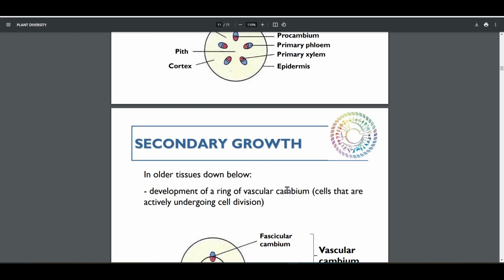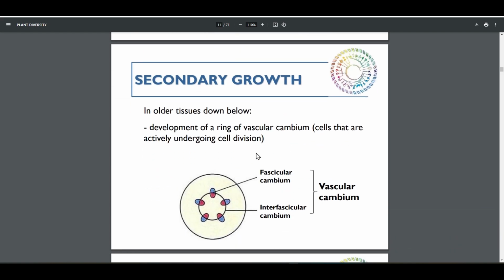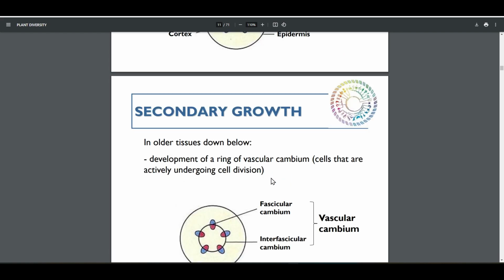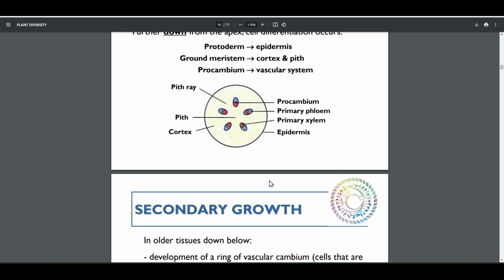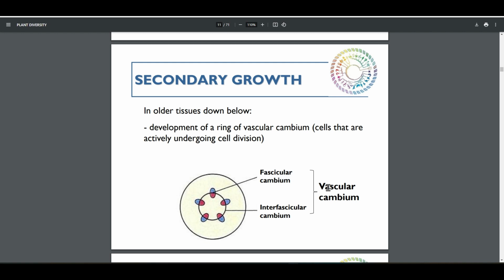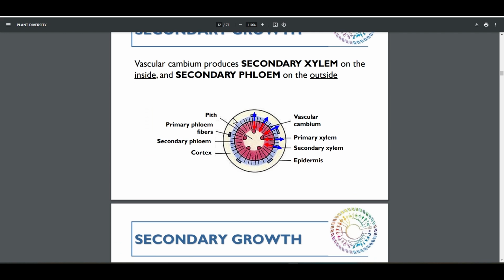All right. And then secondary growth. As you go further down, all the tissues appear and they would have secondary growth, the thickening of the stem. There is something called the vascular cambium, which is made up of the fascicular cambium and the interfascicular cambium, which are cells that undergo cell division actively.